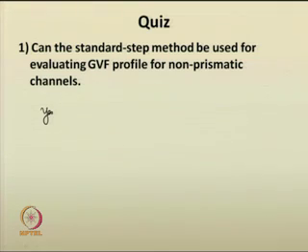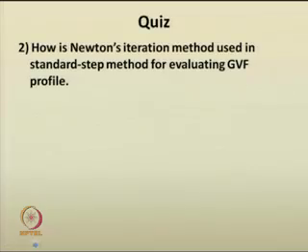Yes, you can use the standard step method for evaluating gradually varied flow profile for non-prismatic channels. In fact, this is the best method for evaluating GVF profiles. Many standard software like HEC-RAS use the standard step method for evaluating profiles. How is Newton's iteration method used in the standard step method? Newton's iterative method gives improvement with each iteration.